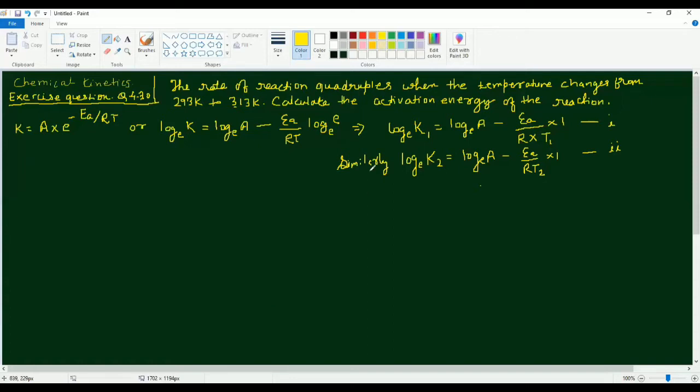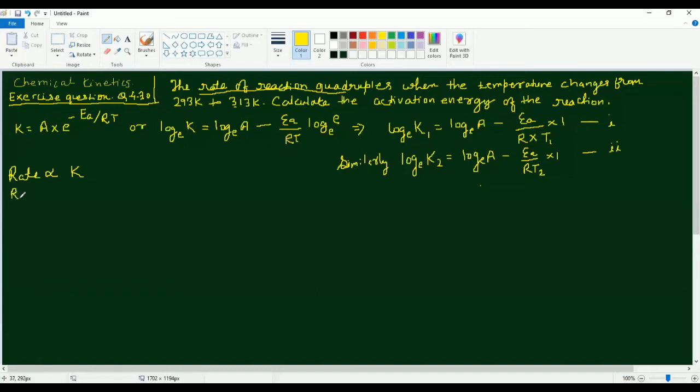And the relation between K1 and K2 is given. It is given that the rate of reaction quadruples and rate is directly proportional to the rate constant. We know that rate is proportional to rate constant.